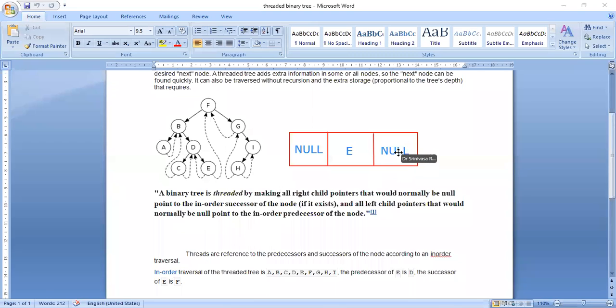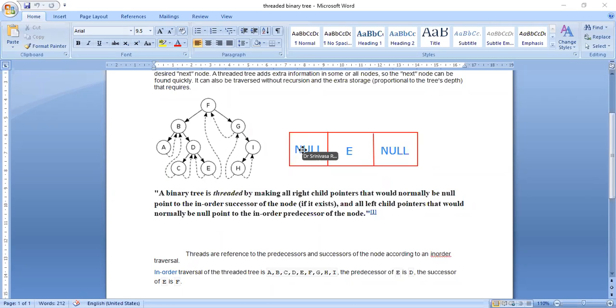So I will keep the address of the in order successor in this right pointer, and at the same time the left pointers that would normally be null point to the in order predecessor.